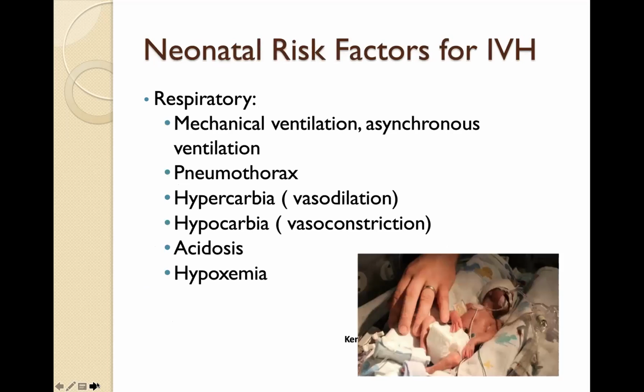Some of the risk factors for these little ones: mechanical ventilation or asynchronous ventilation, pneumothoraces, hypocarbia leading to vasoconstriction, hypercarbia leading to vasodilation, acidosis, and hypoxemia, which is why we want to manage their respiratory and ventilation strategies very, very carefully. And if at all possible, avoid intubating these babies.